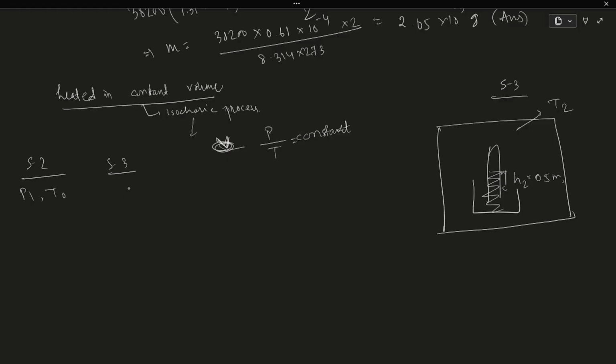System 3, let pressure be P2, temperature T2. So I can write P1 by T0 equals P2 by T2. Here I can write P2 is basically P1 T2 divided by T0, right?